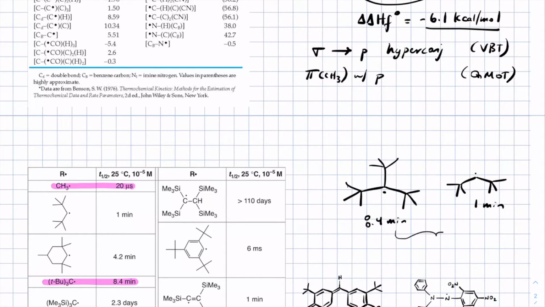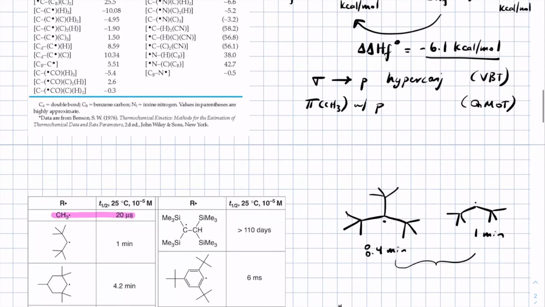The question is, can that totally be explained by the difference in radical stability we just looked at above? And the answer is probably not. There is some extra kinetic stabilization going on here due to sterics, bulky groups getting in the way of reactions.